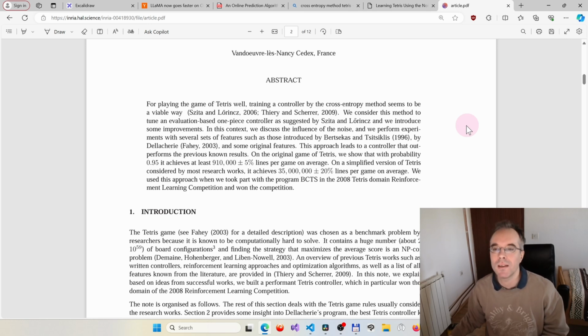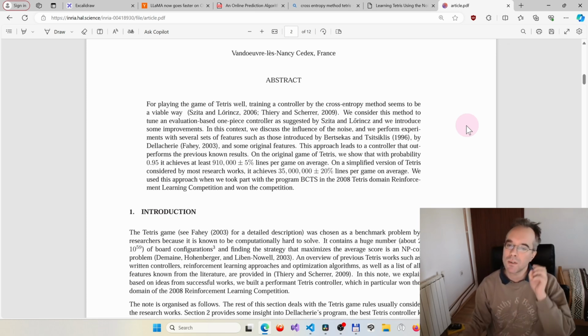I'm not really familiar with Tetris that much. On a simplified version of Tetris considered by most research works, it achieves 35,000 plus or minus 20% per game on average. We used this approach when we took part with the program BCTS in the 2008 Tetris domain reinforcement learning competition and won the competition.